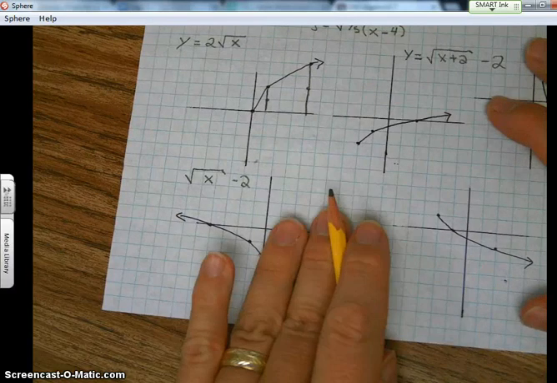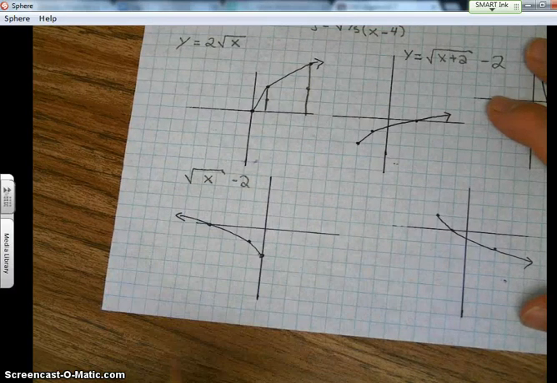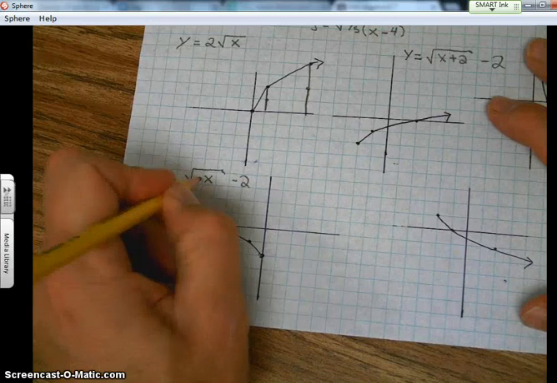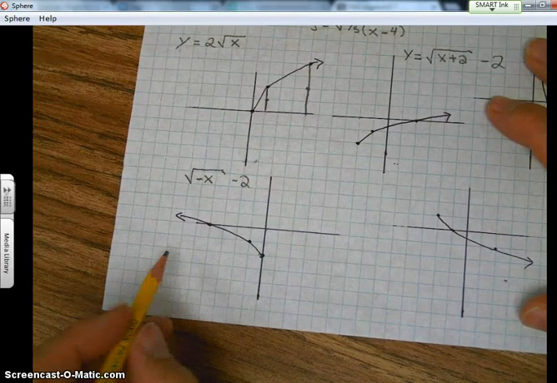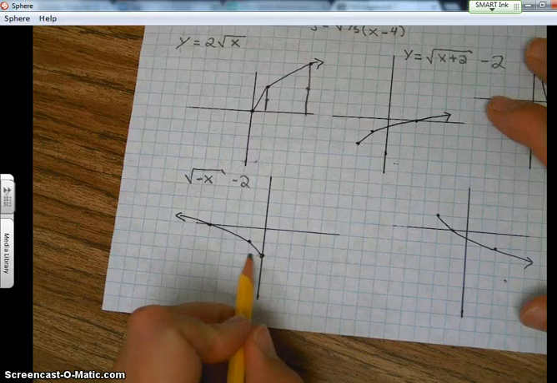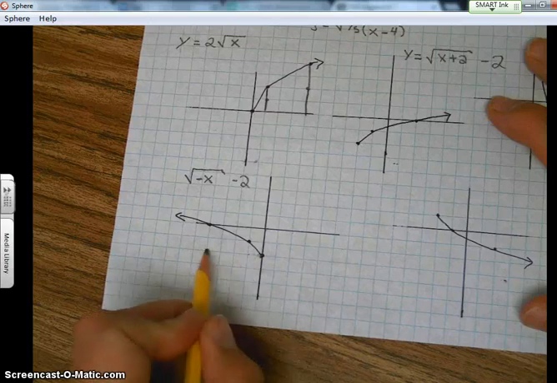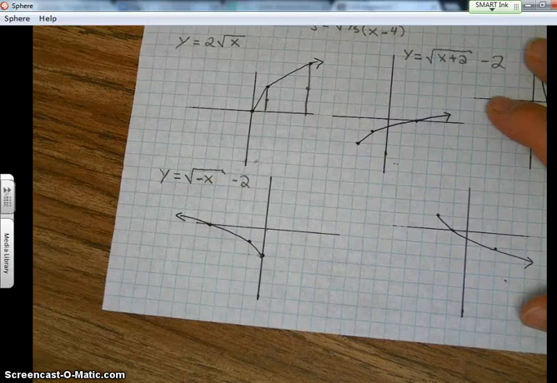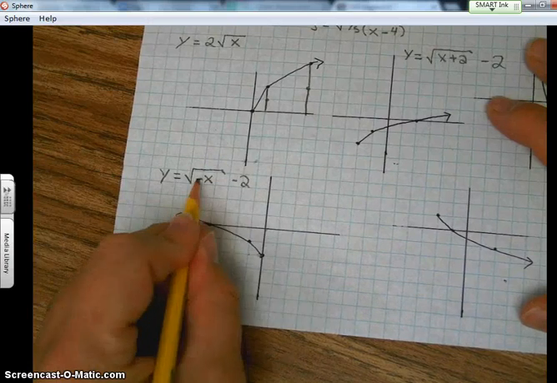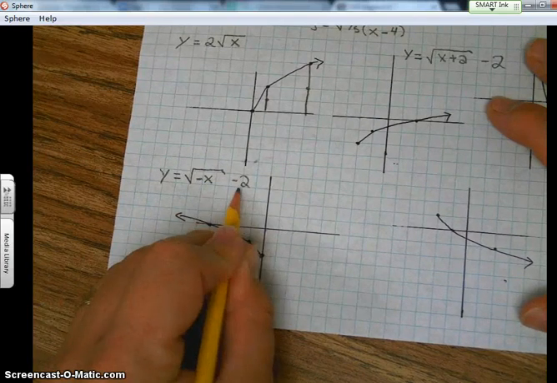So it got reflected over the y-axis. So we put the negative on the x. And then let's check for stretch or compression. Over 1, up 1, over 4, up 2. So no stretch or compression. And we're done. Reflected over the y, translated 2 units down.